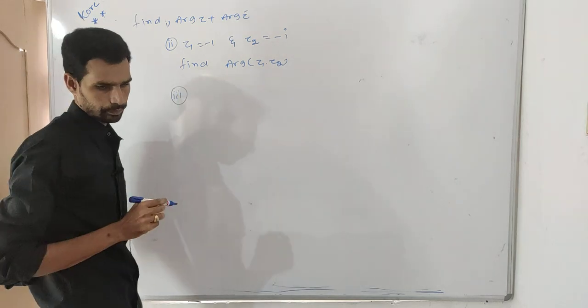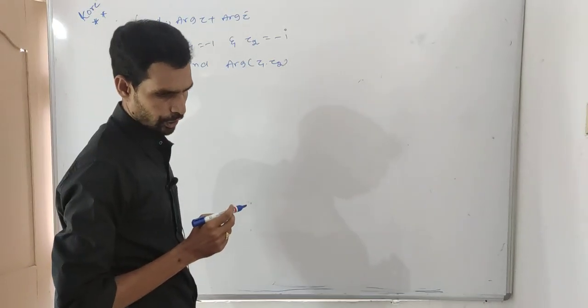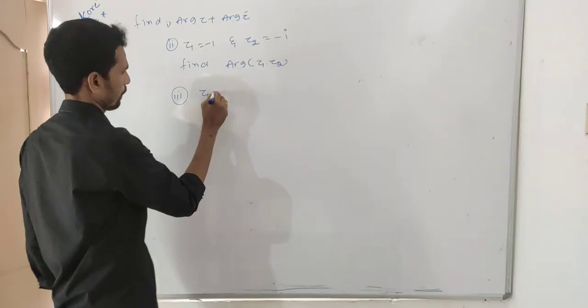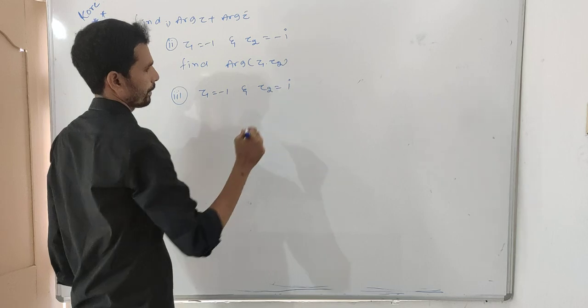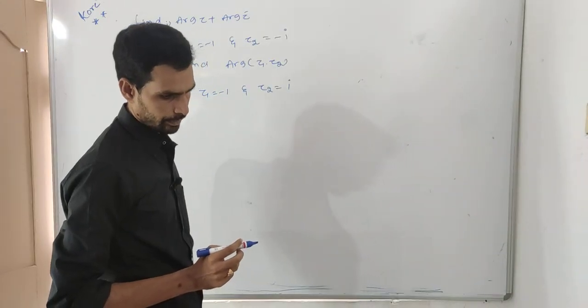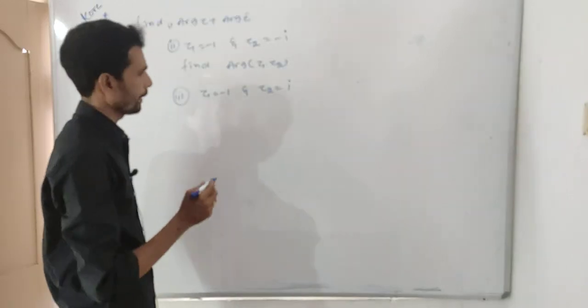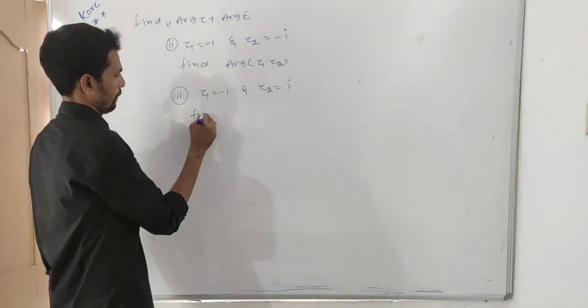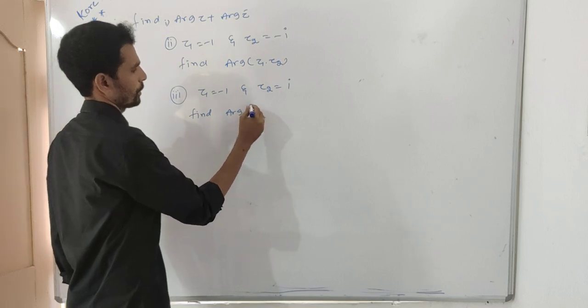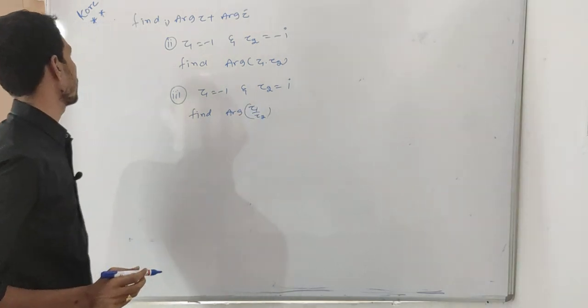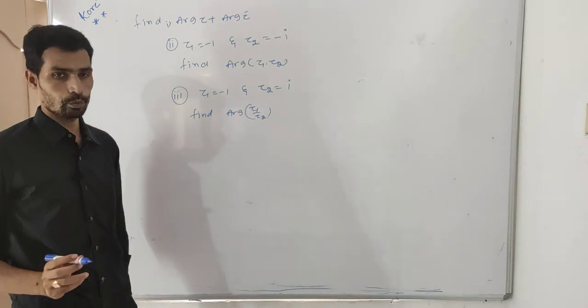Third problem. z1 is equal to minus 1 and z2 is equal to i. Then find arg z1 by z2. These three problems are important for 2 marks and also entrance questions.